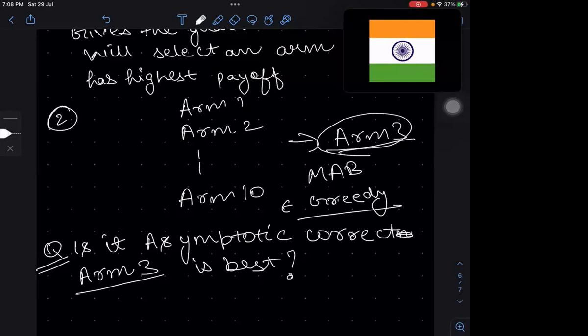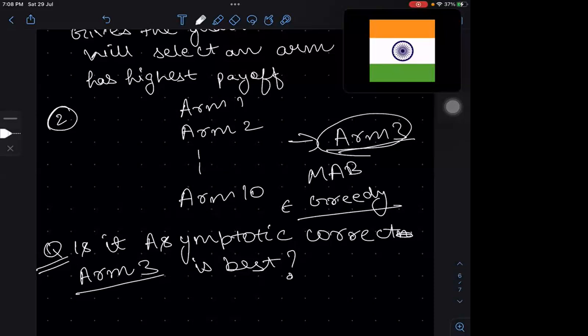Actually, it is a solution. It is not that bandit is different or asymptotic correctness is different. It is a solution. If I'm doing some MAB thing, then we are checking whether the arm we are selecting is a good one, how much regret it is giving, with how much confidence we can say these things.